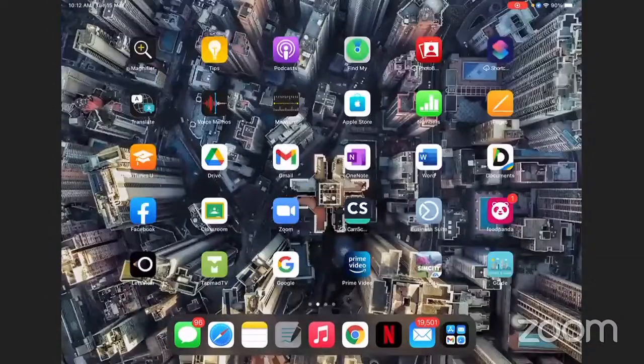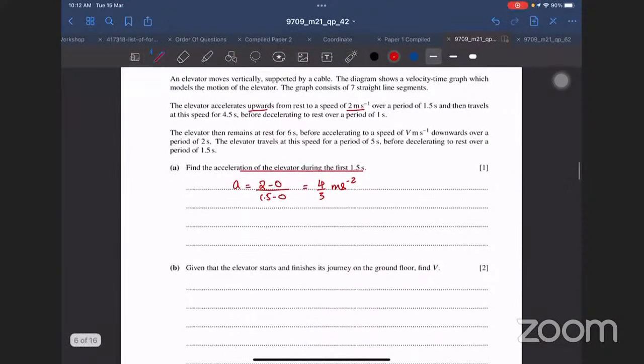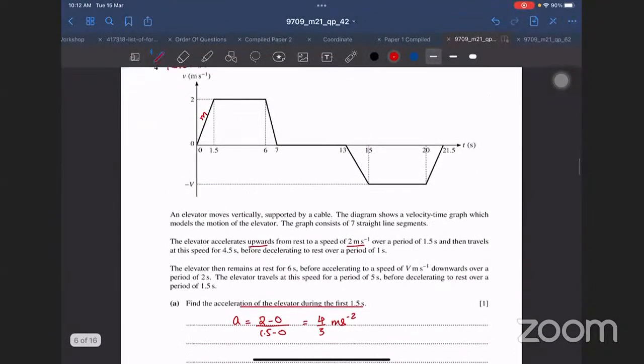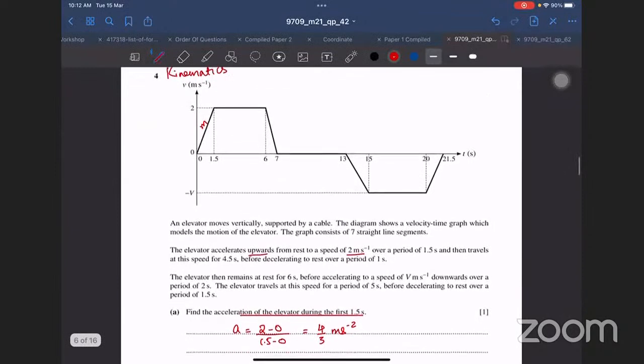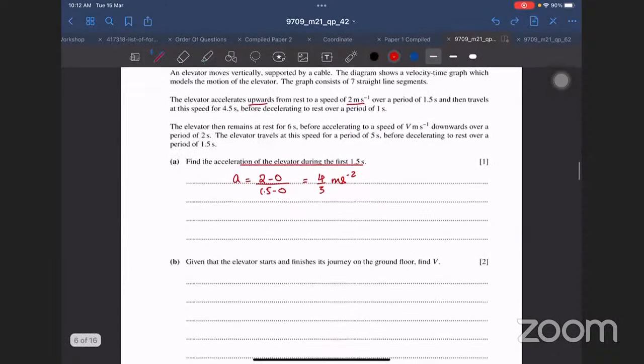Then this says, given that the elevator starts and finishes this journey on the ground floor, find V. If it starts and ends its journey there, then this distance should equal this distance. They're both trapeziums. So area of trapezium 1 should equal area of trapezium 2.